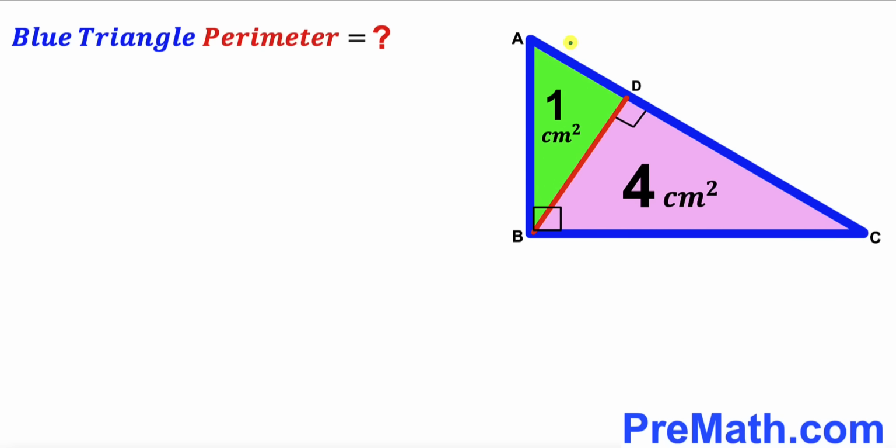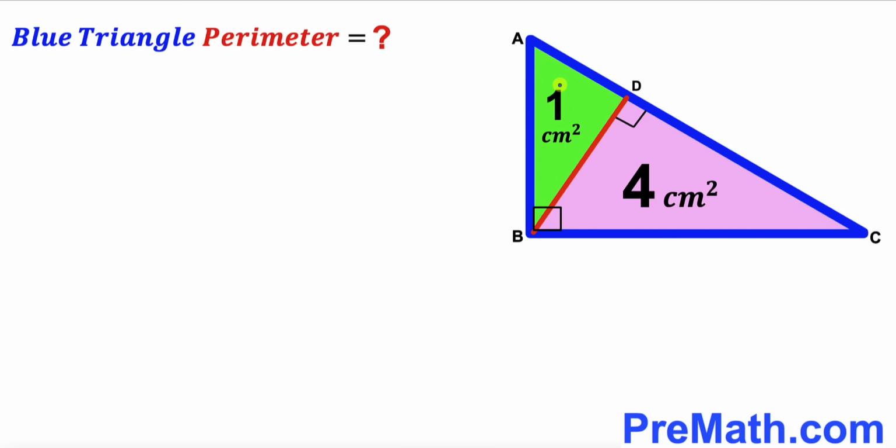Welcome to PreMath. In this video, we have this blue right triangle ABC along with this perpendicular BD on this hypotenuse AC. As a result, we end up with two right triangles, this green shaded right triangle and this purple shaded right triangle as well.